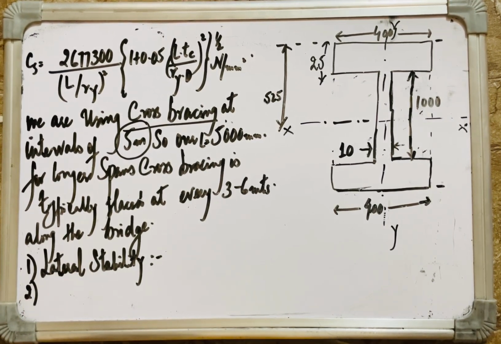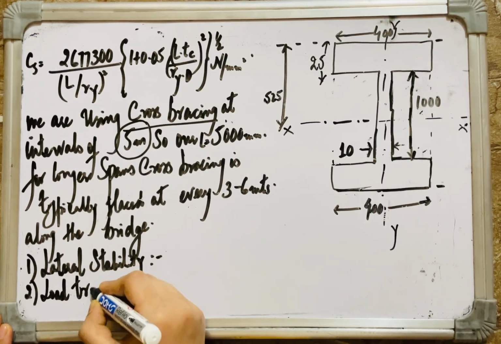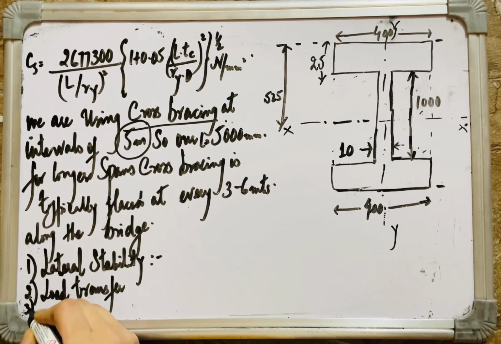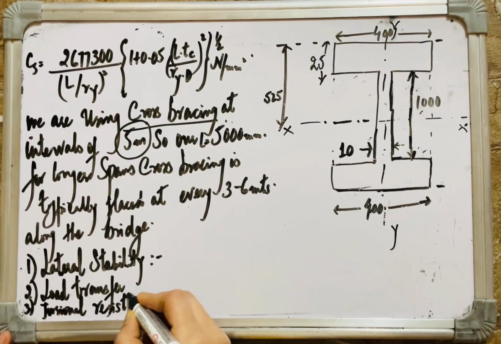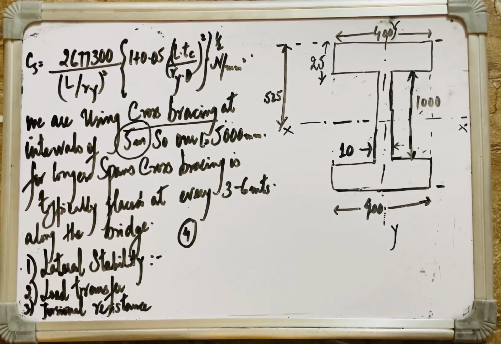Second, load transfer. It distributes the wind, seismic, and other loads between trusses. Third, torsional resistance, which helps maintain the geometric integrity of the bridge. And it also helps in providing resistance to sway.